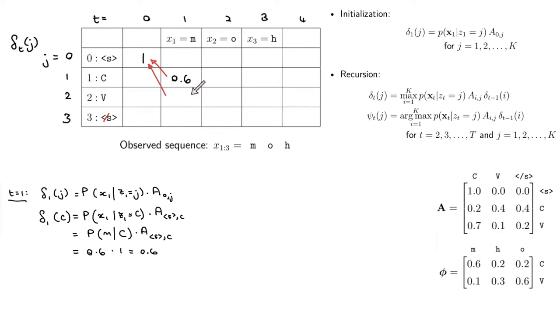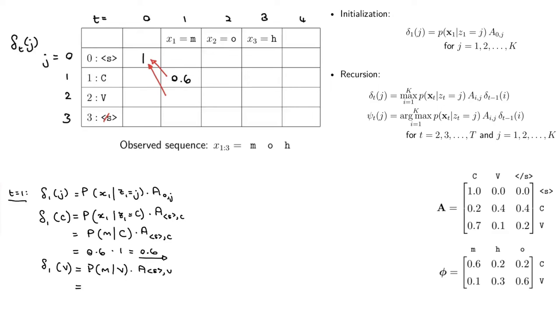So next up, we're going to consider this option of being in a val in time step 1. So we're at time step 1, and the option is val, okay? And we can simplify this. So the probability of the observation at time step 1 is what? M, okay? Given that I'm in a val, times the probability of going from the start to a val, okay?